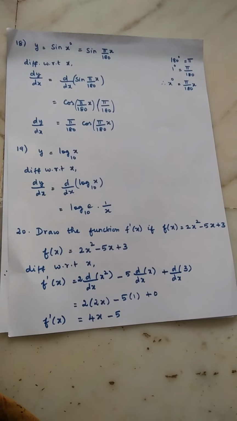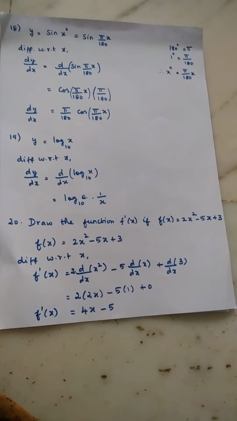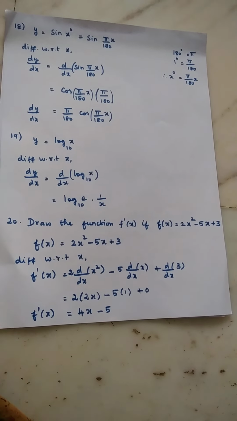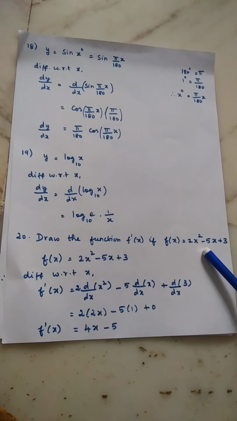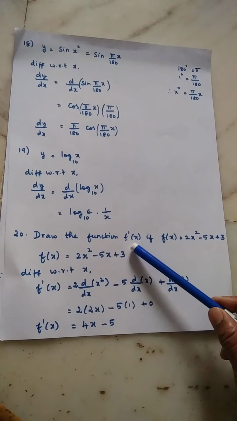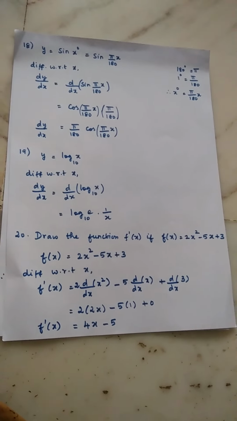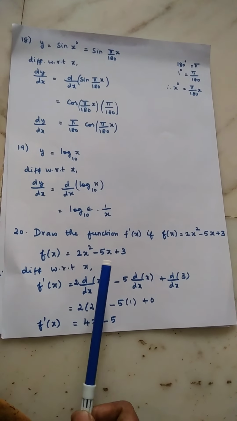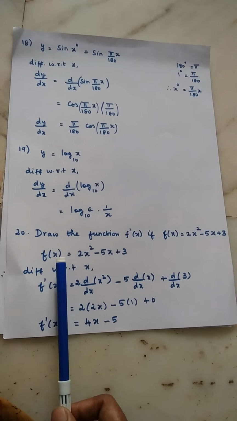Next, question number 20. Draw the graph of f dash of x if f of x is equal to 2x square minus 5x plus 3. f of x is given. First let us find the derivative f dash of x, then we will draw the graph. Taking f of x, 2x square minus 5x plus 3. Here f is a function of x.